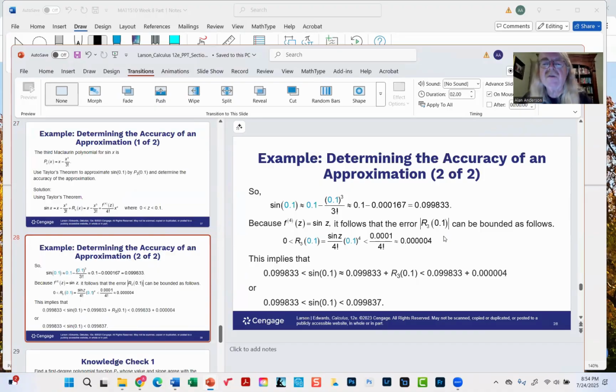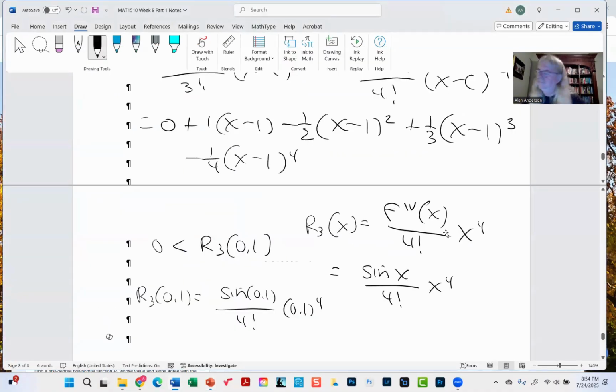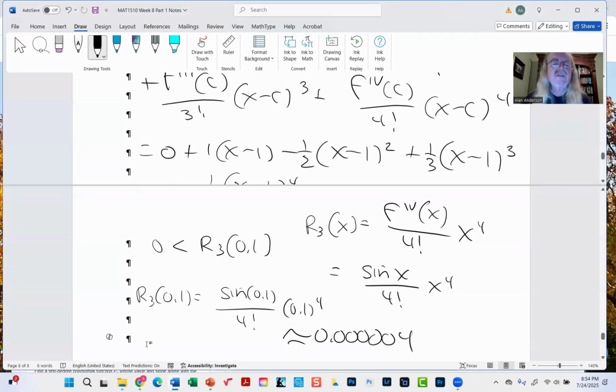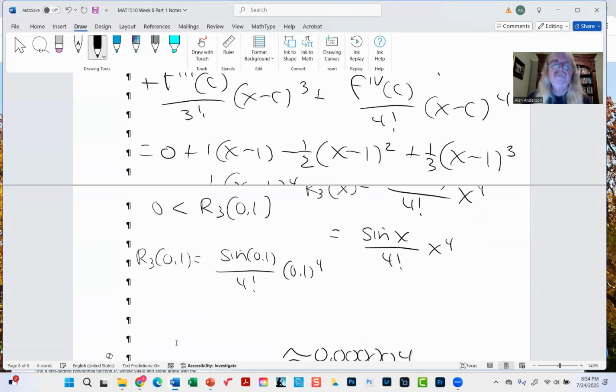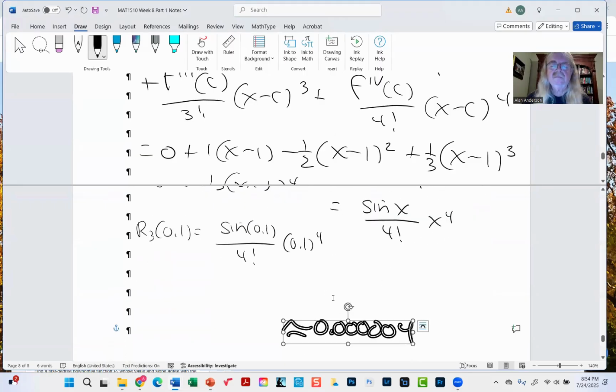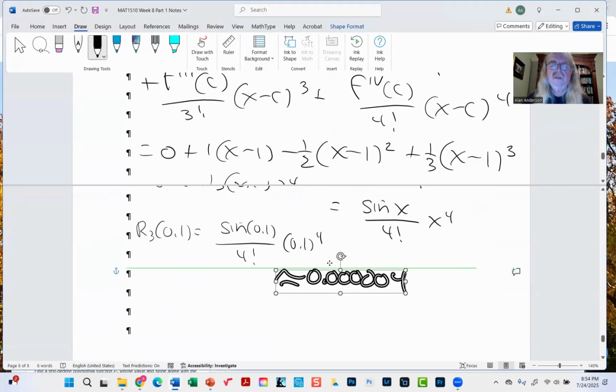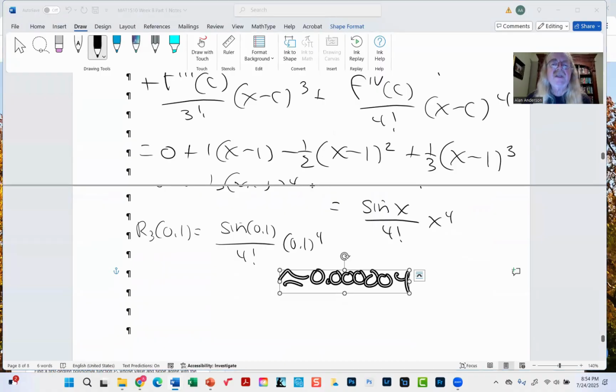One, two, three, four, five zeros followed by a four. Approximately five zeros followed by a four. So what they're telling us is that as a result of all this, because that's the remainder, we can make the following statement.